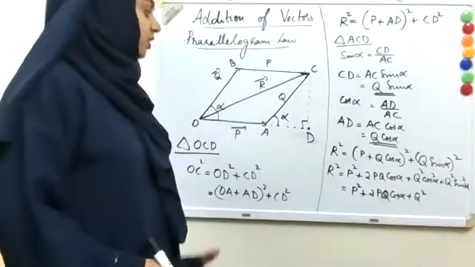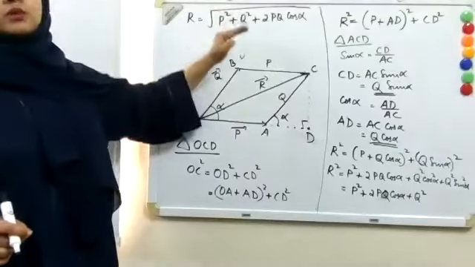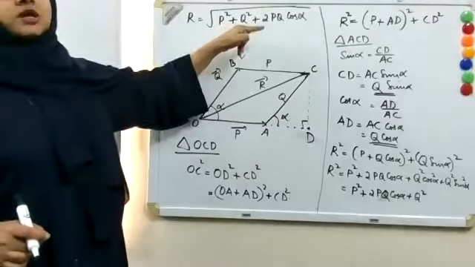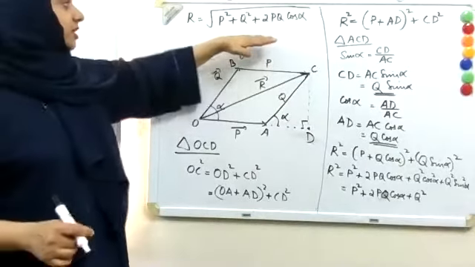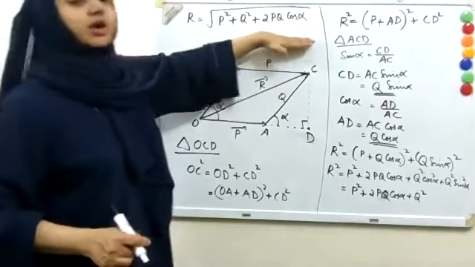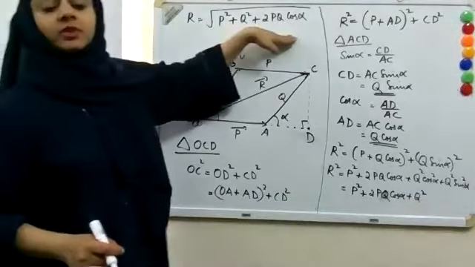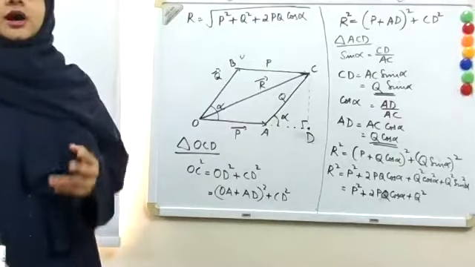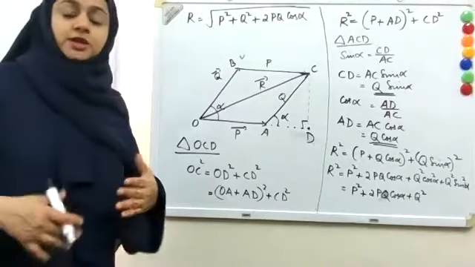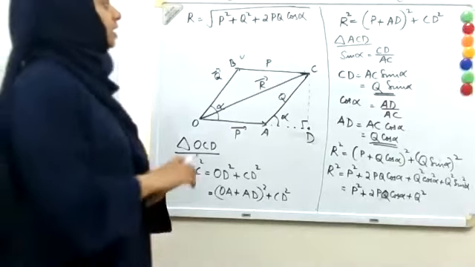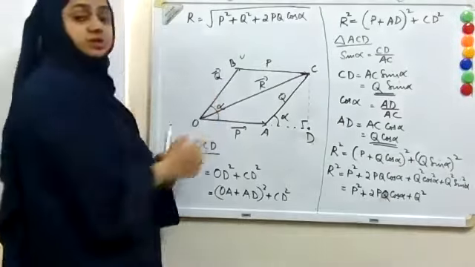So if you are adding two vectors having magnitude P and Q, having an angle alpha between them, then the resultant will be equal to root over P square plus Q square plus 2PQ cos alpha. You need to memorize this expression and use it whenever you are adding two vectors having any angle between them. You will get the magnitude this way.